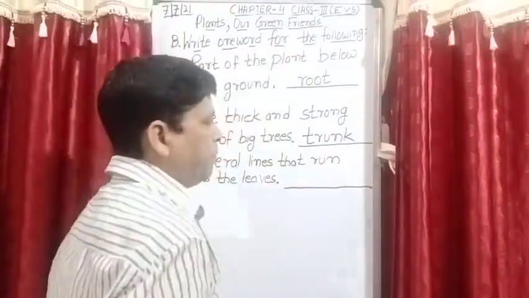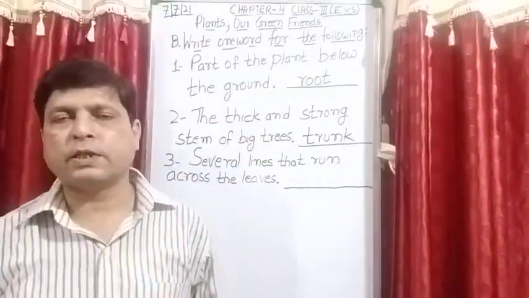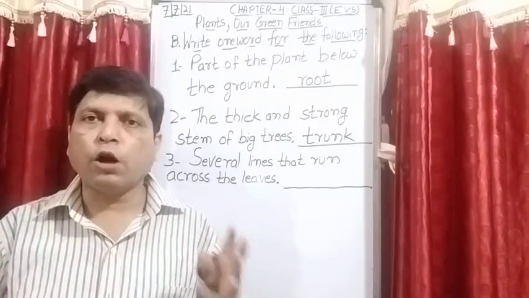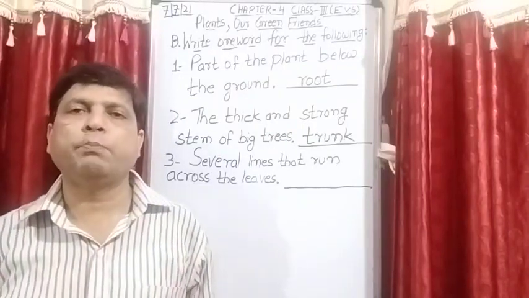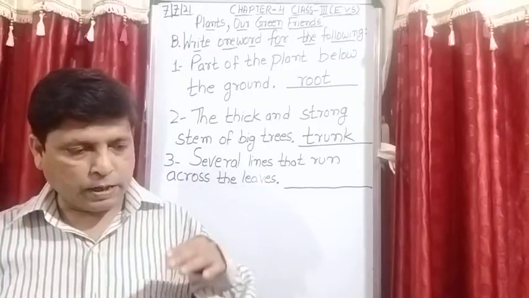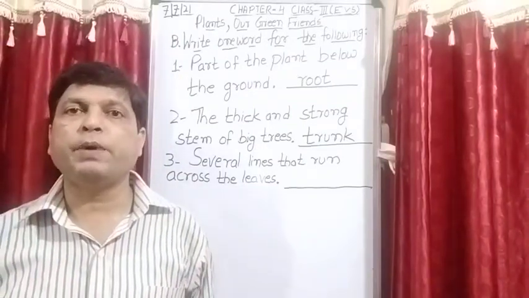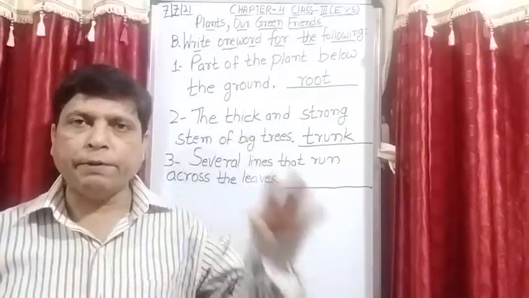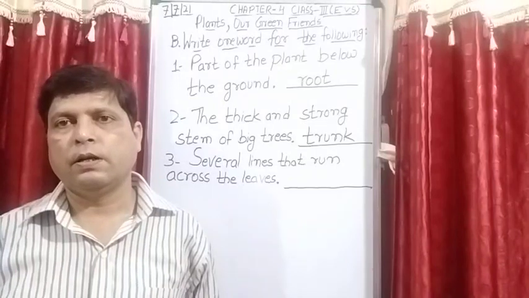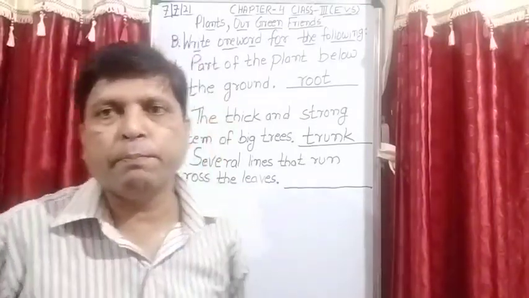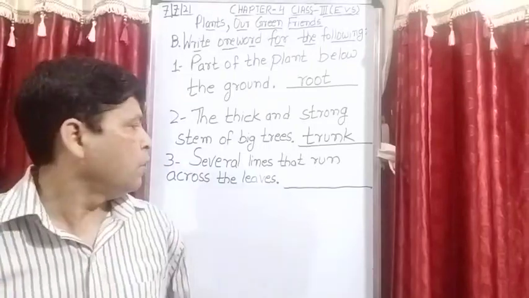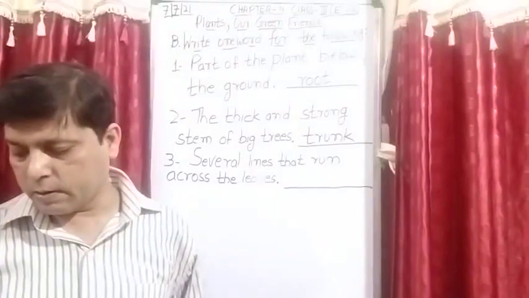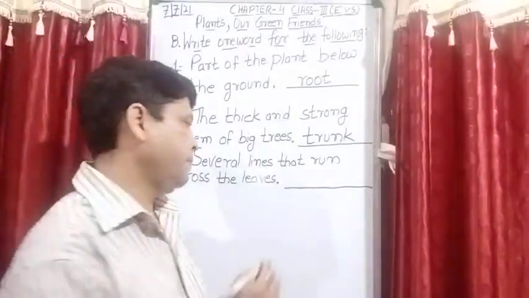So students, when I explained the structure of a leaf, I explained the thin broad part of the leaf is known as leaf blade or lamina, and in the center of the leaf you will see there is a main vein, and from this main vein many side veins are attached. So several lines that run across the leaf are known as veins.